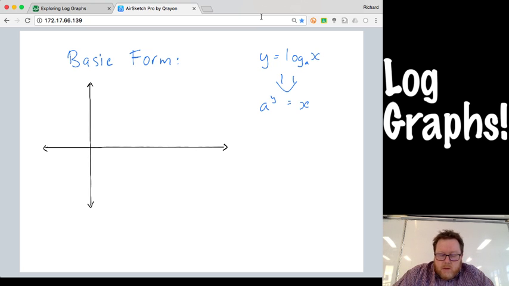So log base a of c equals b means a to the power of b equals c, like so.